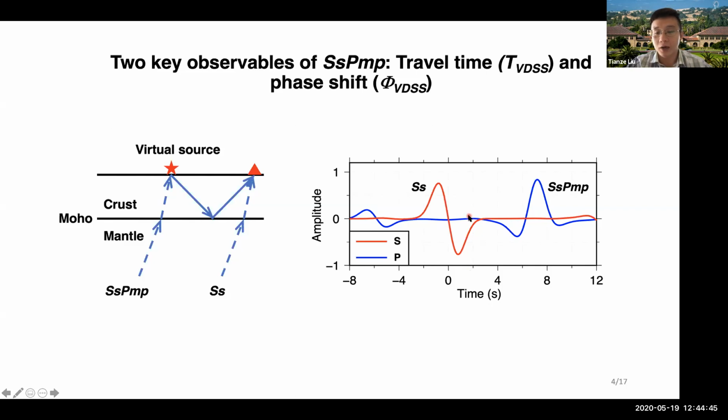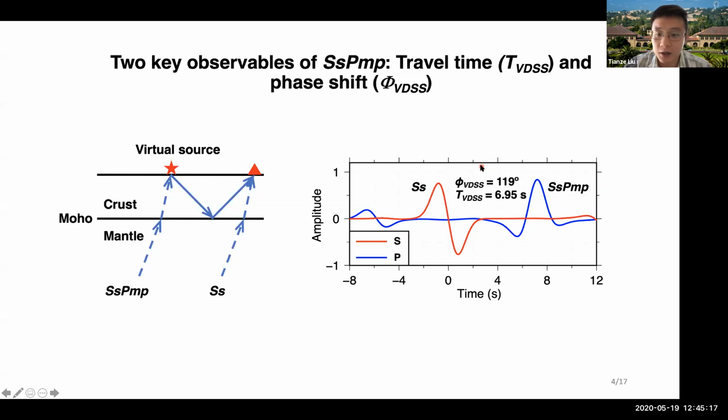However, because in our case the reflection is post-critical at the Moho, it introduces a phase shift to the reflection phase SSPMP, which alters the shape of the wave packet. This makes it hard to directly measure the arrival time of SSPMP from the raw record. Instead, we have to match its phase shift in order to measure the travel time of SSPMP precisely.